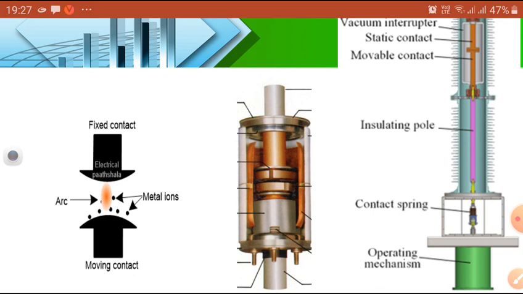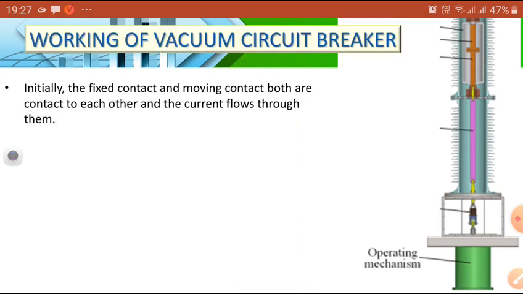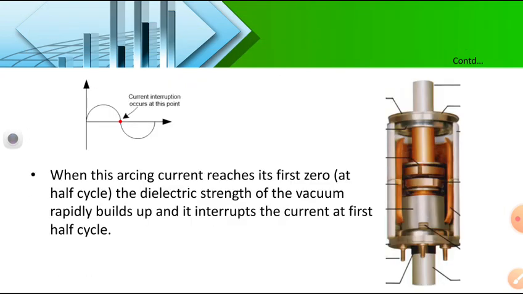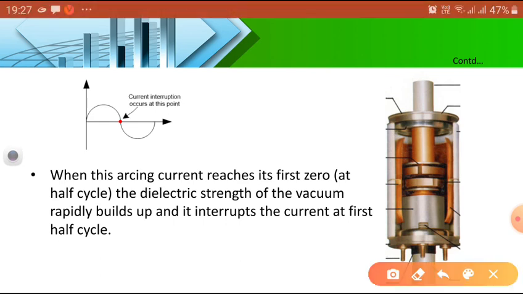So this can be seen with the figure. Okay, let us see. Now you can see here, when it comes to the zero crossing, when the arcing current reaches its first zero in the cycle, the dielectric strength of the vacuum rapidly builds up and interrupts the current at the first zero.